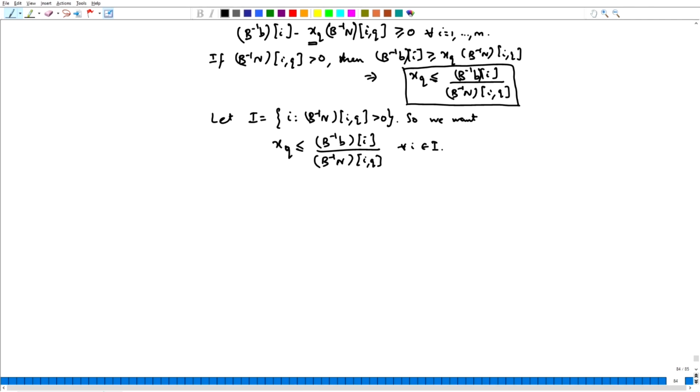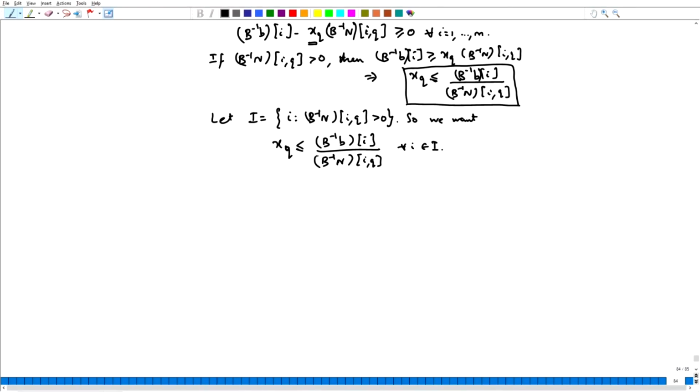Now, one of the i's has to become 0. Only if it becomes 0 does it become a non basic variable; if everything is positive, then it is not a vertex. So, you want one of them to become non basic, and which will actually become non basic? It is that i for which this quantity is the minimum.